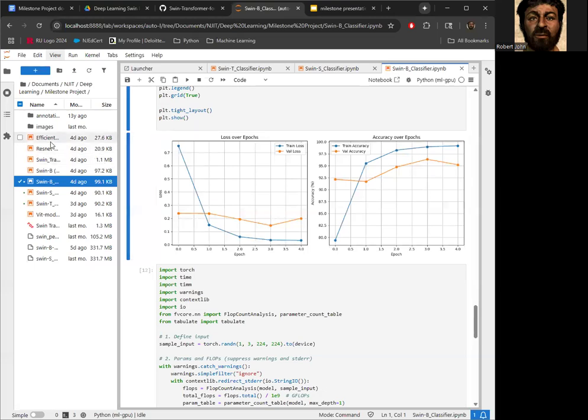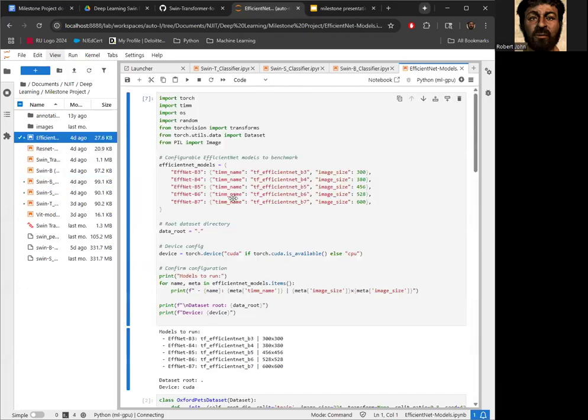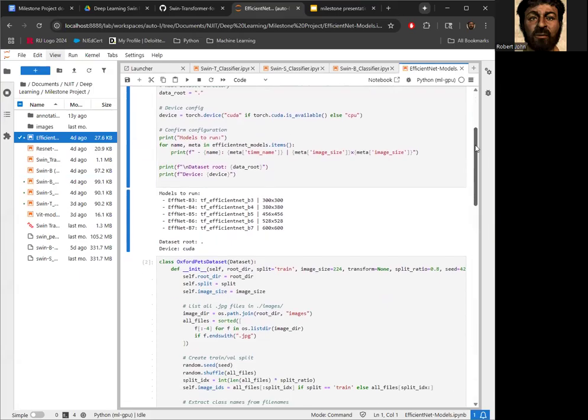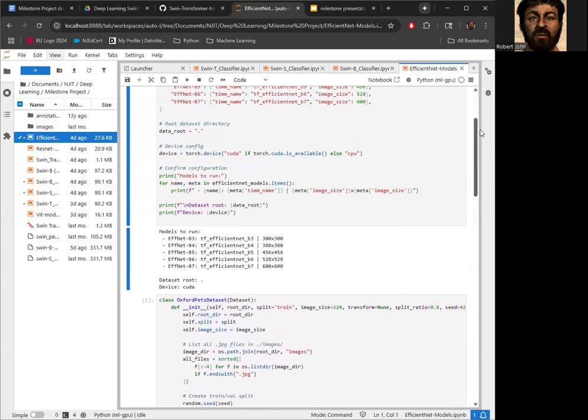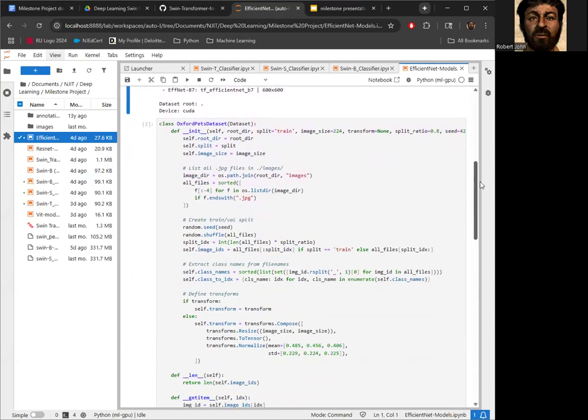My demos, I ran them separately, locally, using Jupyter Notebook. So first and foremost, this is how I ran the EfficientNet models.